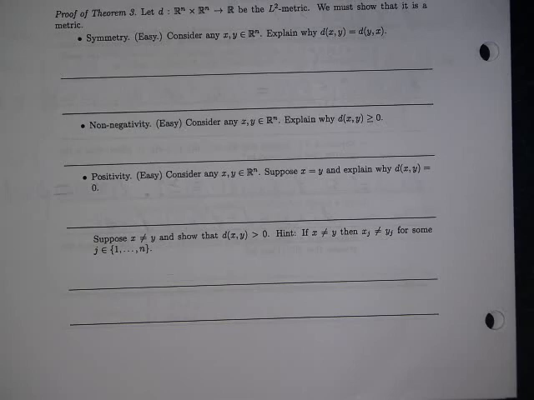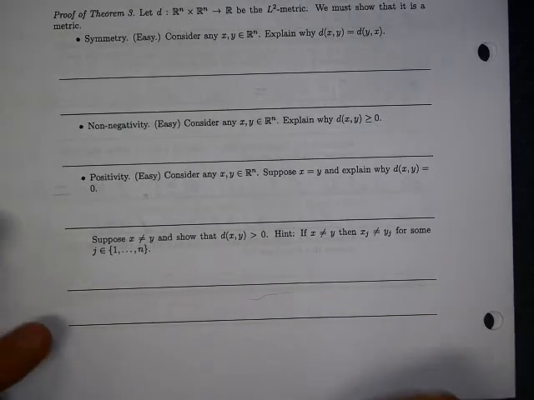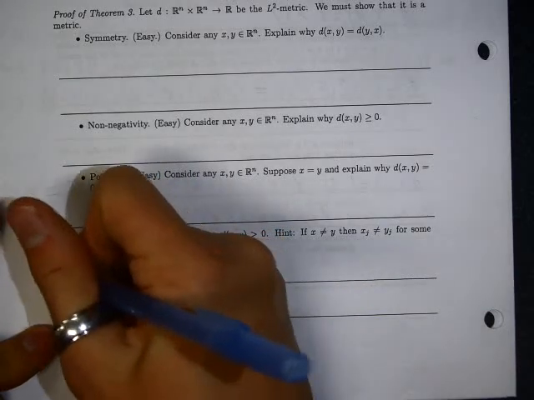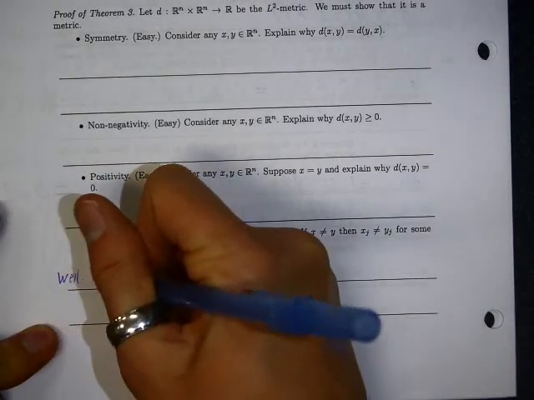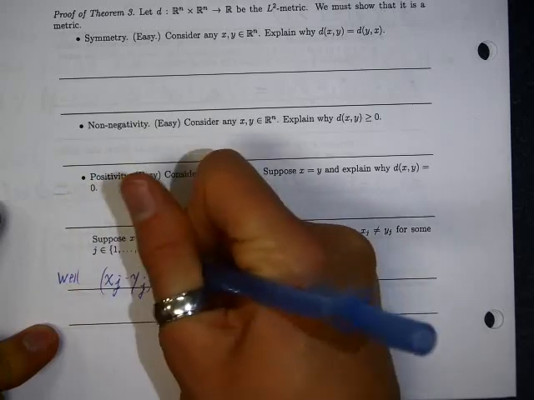So if x isn't equal to y, then they differ at some point. So there is some j with xj not equal to yj. So let's try to expand out from that. If xj is not equal to yj, then what can you tell me about xj minus yj squared?